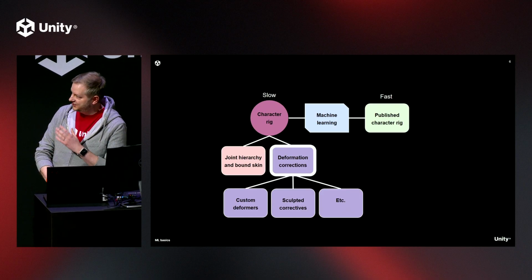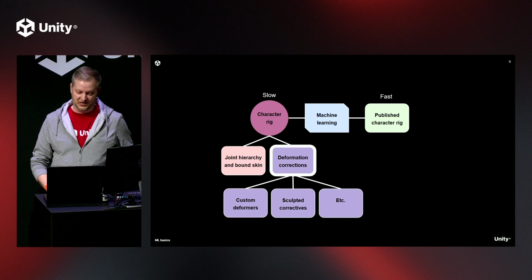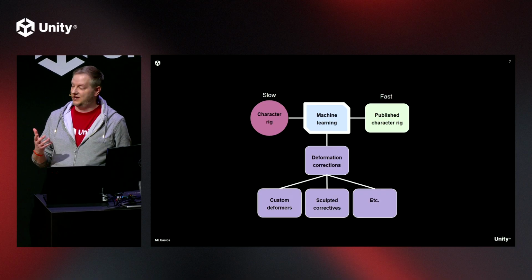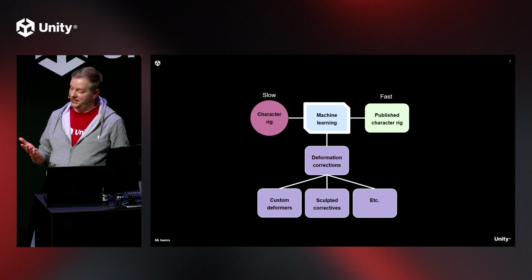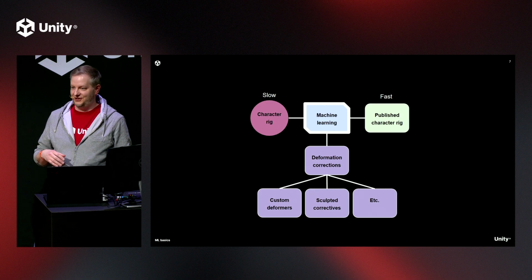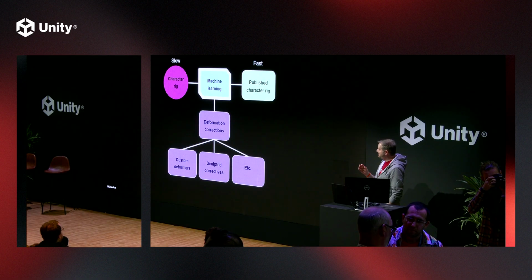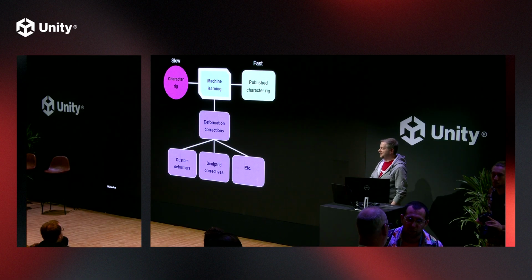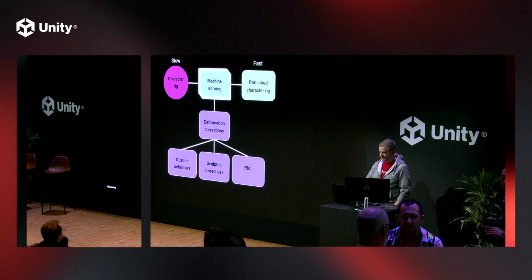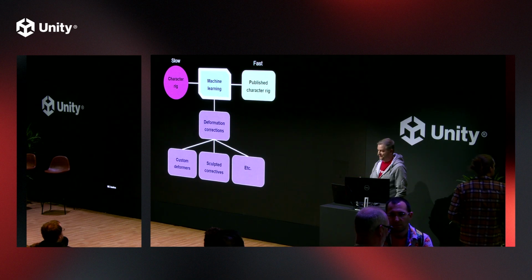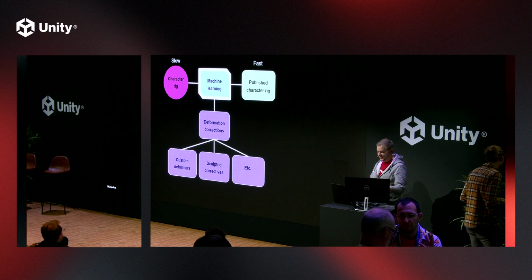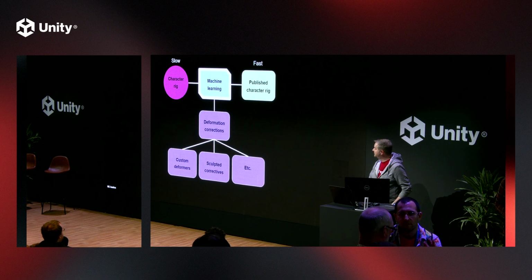So those inputs, the joint hierarchy and the skin deformations, are what we're going to input into the machine learning process. By training it over a wide range of motion, we're going to be able to learn all of those deformation effects and then collapse them down to that single machine learning node that's going to handle all of the skin deformations. This is a typical use of machine learning as an optimization step in our character publishing pipeline.